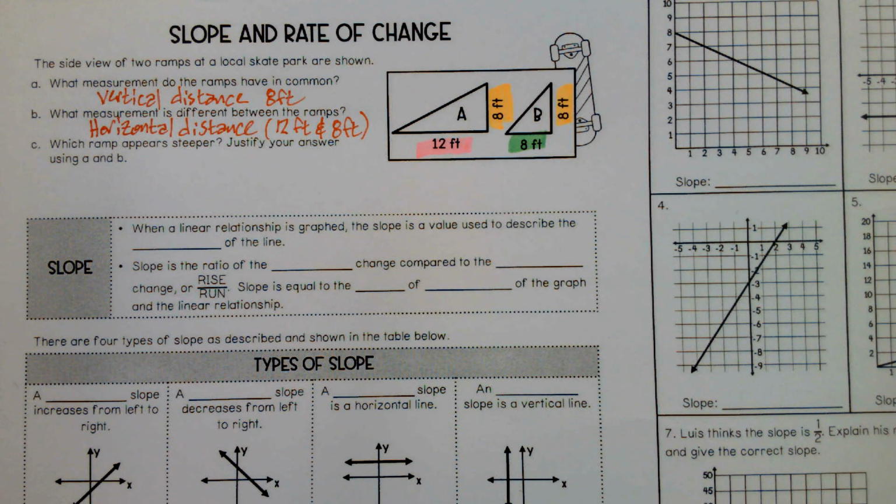Mm-hmm. And then for ramp A, it's like a 1 1/4, I think. Yeah, okay. So that's very good. So let's go with ramp B. Ramp B is definitely, absolutely steeper.